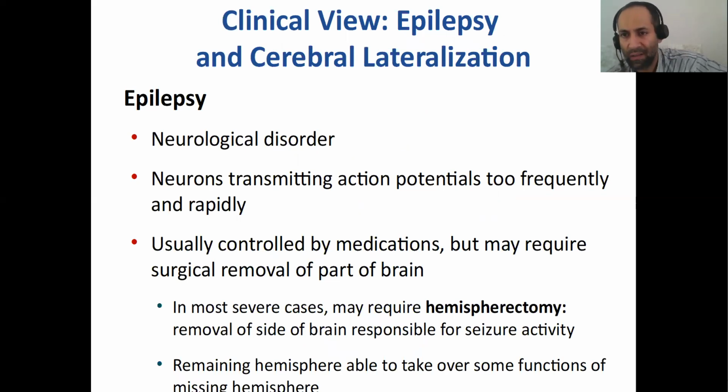Even so, just for fun's sake, I did take this online test, and you can take them too. They're free on Google, about cerebral lateralization. And this was about 10, 12 years ago, so I don't know if I've changed since then. I don't know if I became more right brain or left brain.